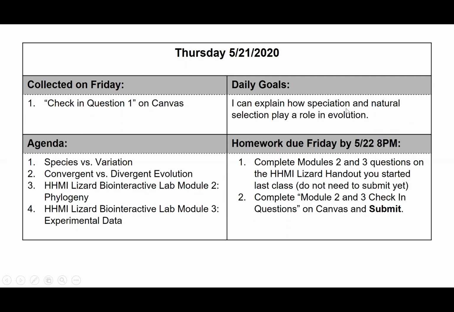Speciation is when you're dealing with how individual species have formed. So one of the things I'm going to make sure you understand is what a species is. So what is a species versus variation? We were looking at variations before. We did that with the rabbits.